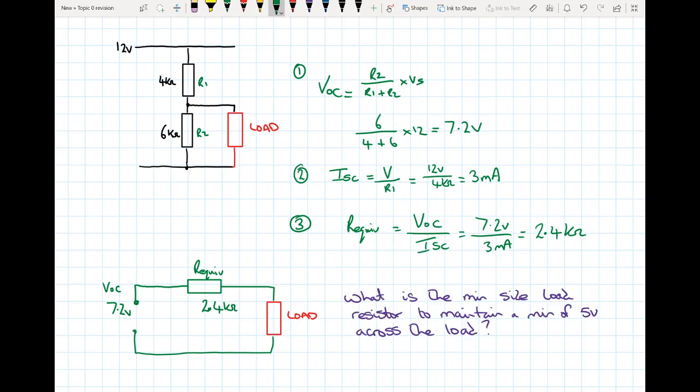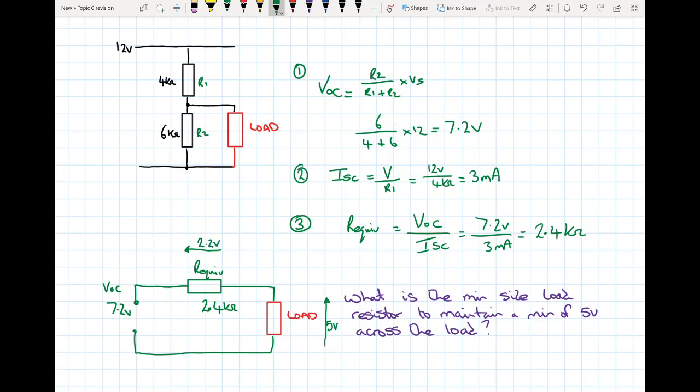Okay, so if that's going to be the case, we want 5 volts across the load, which means that, using Kirchhoff's laws, the rest of the voltage is going to be 2.2 volts across our equivalent resistance.